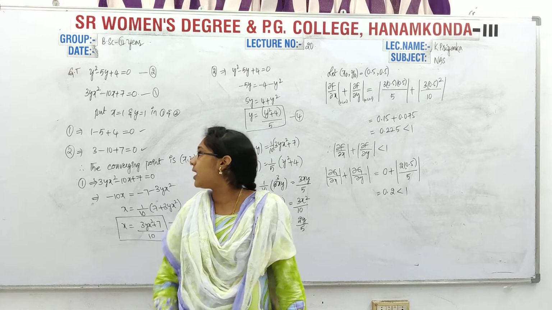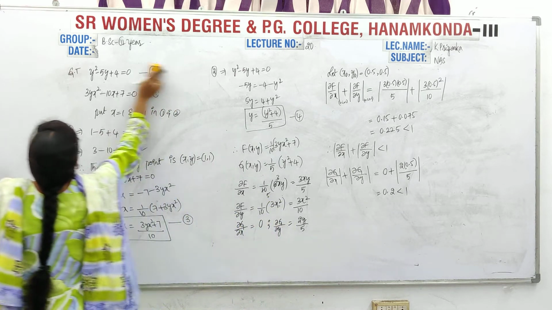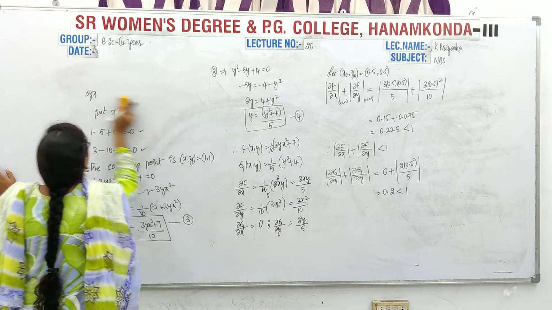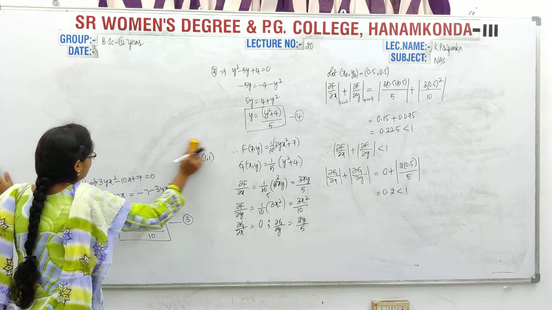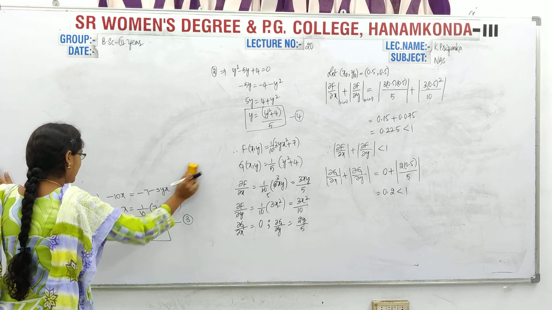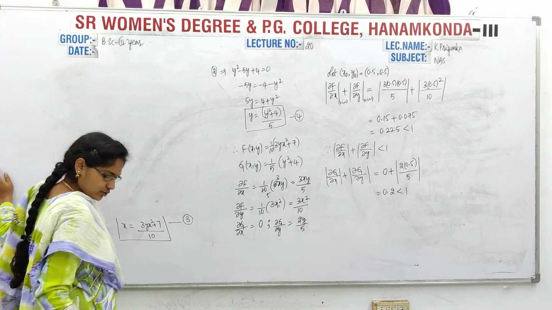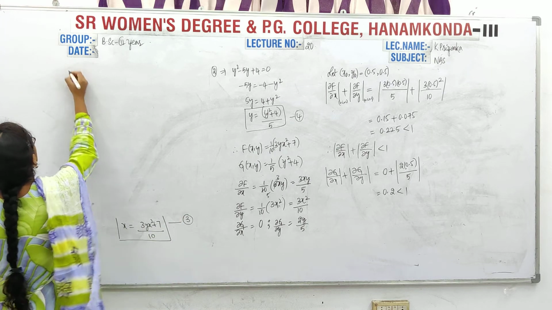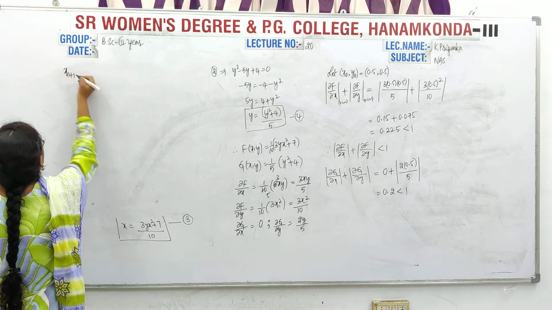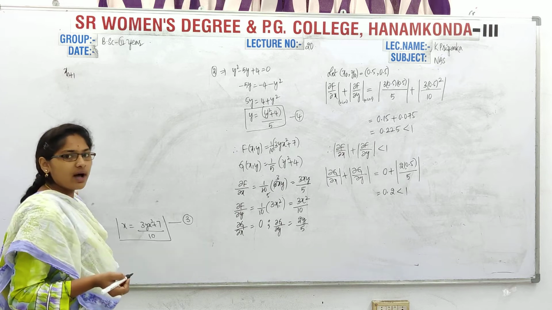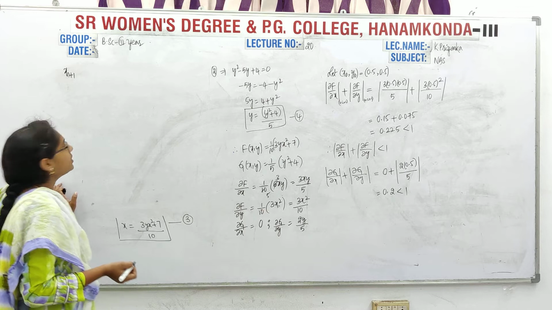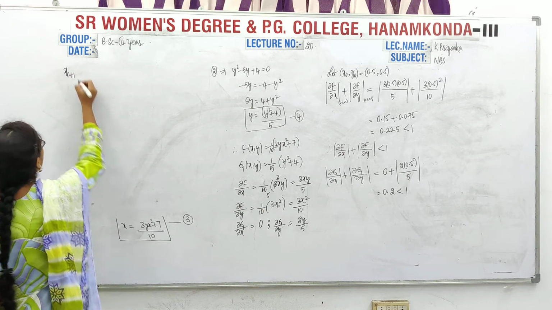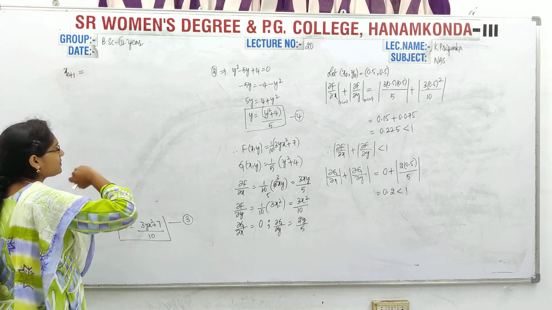Now write down. We have to calculate the values of xn+1, yn+1. So now listen. What will be the formula for xn+1?